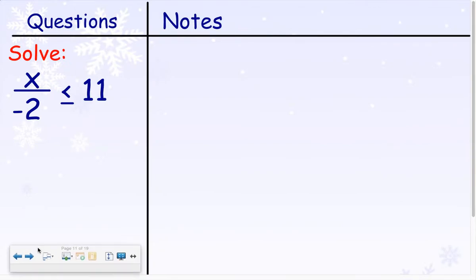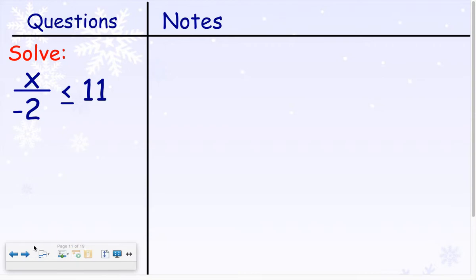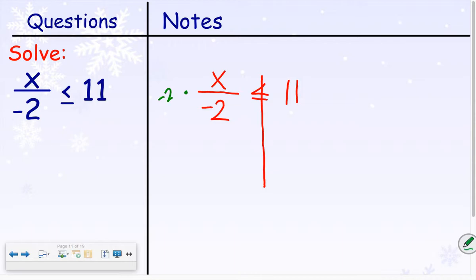All right, let's get into the example. x over negative 2 is less than or equal to 11. We're going to draw our train tracks. The opposite of x divided by negative 2 is timesing both sides by negative 2.